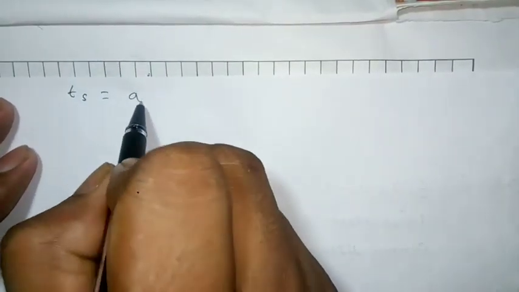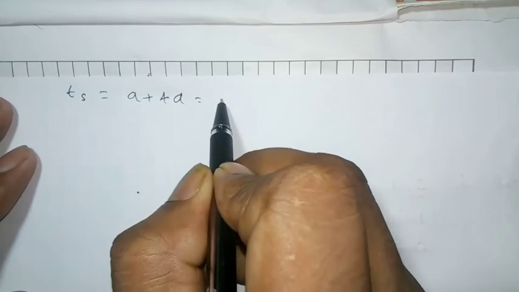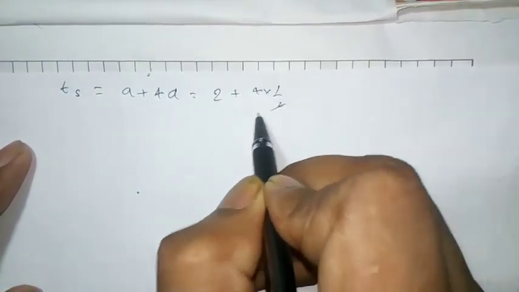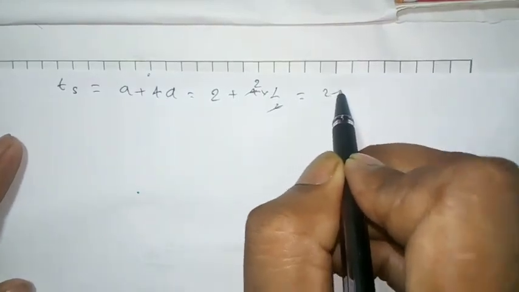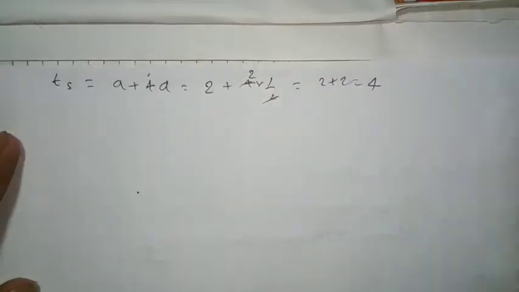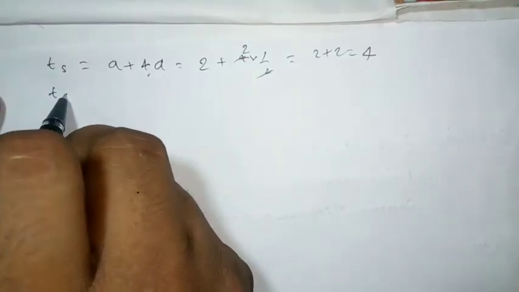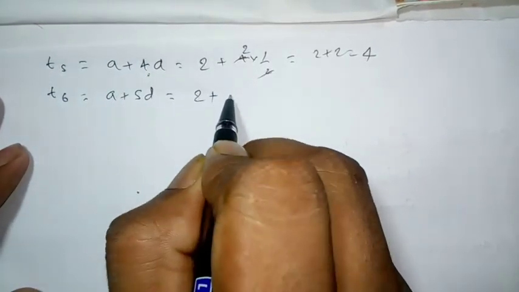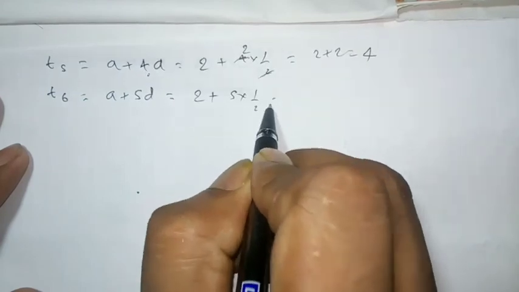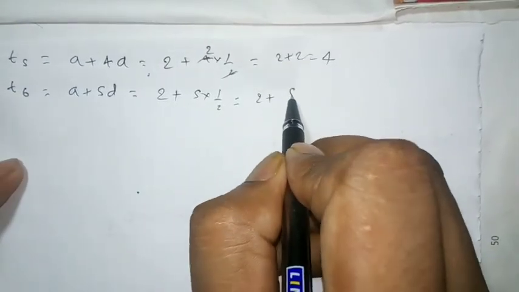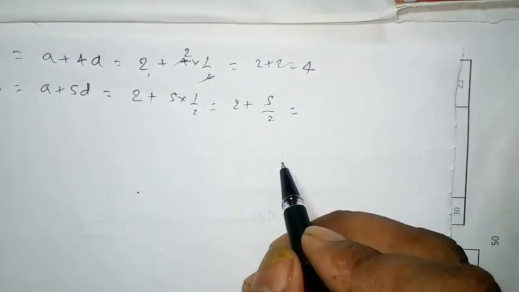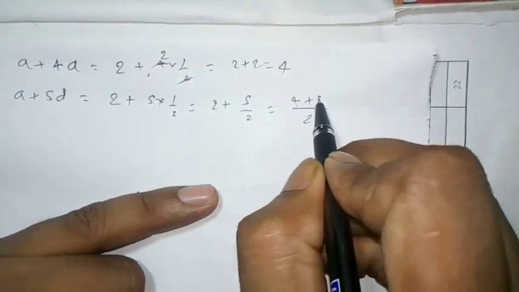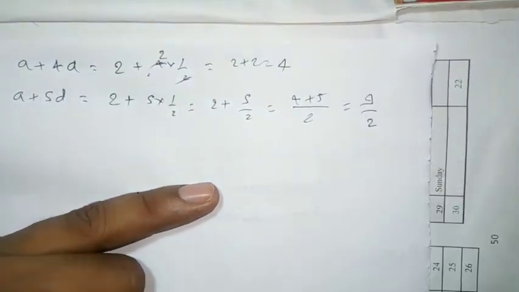T5 is equal to A plus 4D is equal to 2 plus 4 into 1 by 2 is equal to 2 plus 2 is equal to 4. T6 is equal to A plus 5D is equal to 2 plus 5 into 1 by 2 is equal to 2 plus 5 by 2, so LCM 2, 4 plus 5 is equal to 9 by 2.